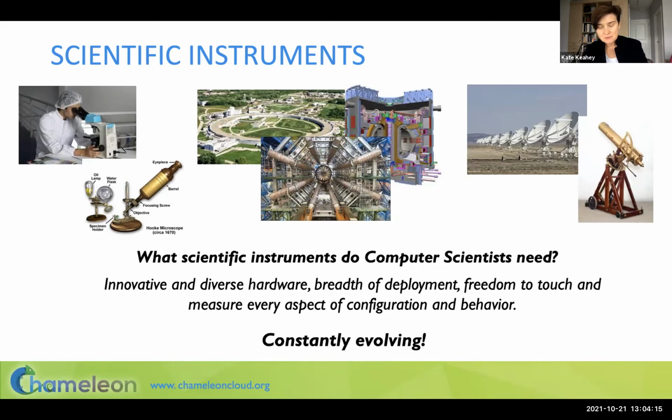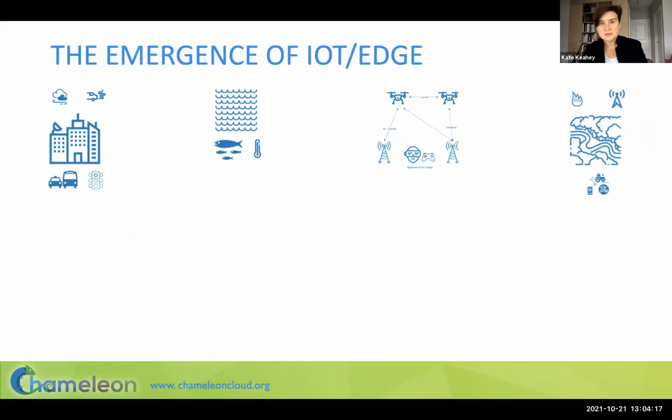Today I'm going to talk to you about an example of such evolution. When Chameleon, a testbed for systems research, was first conceived, people were thinking about cloud computing as the emergent research area, and maybe networking. But in the last decade, we saw the emergence of IoT devices and edge devices that work with those IoT devices, or that might provide the processing backbone for them.